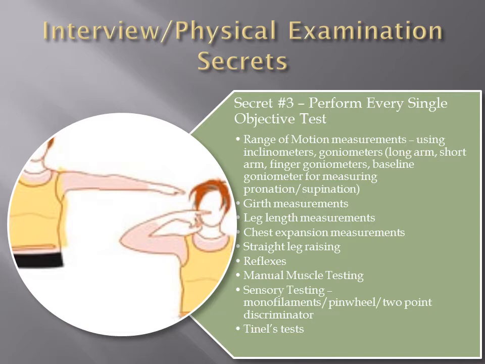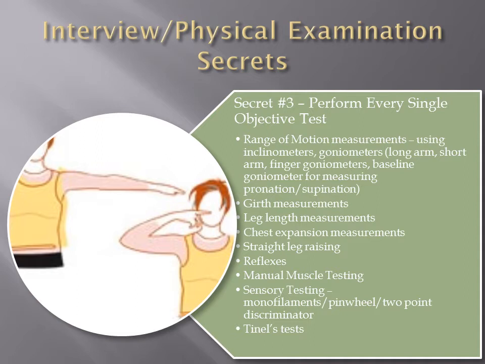Sensory testing, again, while it relies on a subjective component, also requires instruments such as monofilaments, pinwheels, and even the two-point discriminator. I like to do two-point discrimination testing because it provides me with a numeric finding. Usually, 2 to 4 to 6 to 8 to 10 millimeters around the hand.